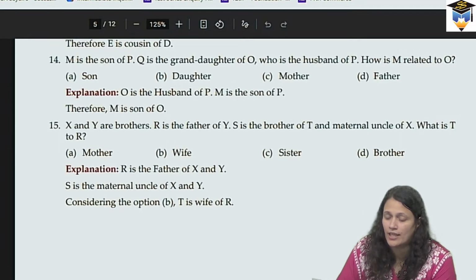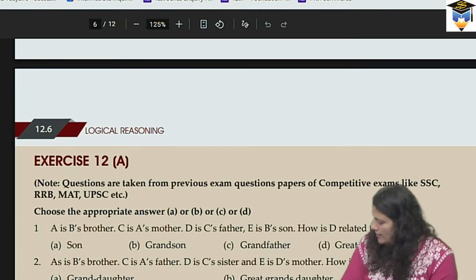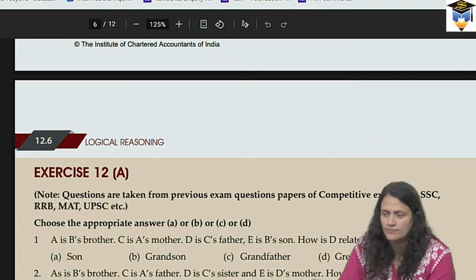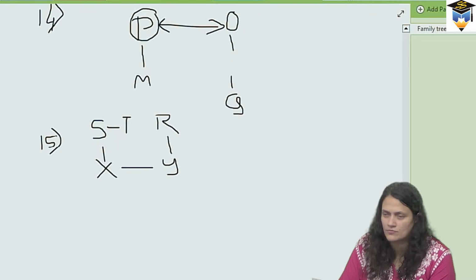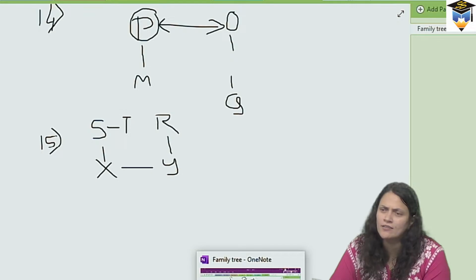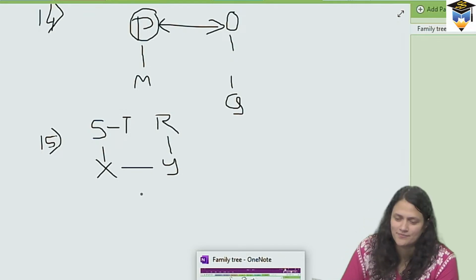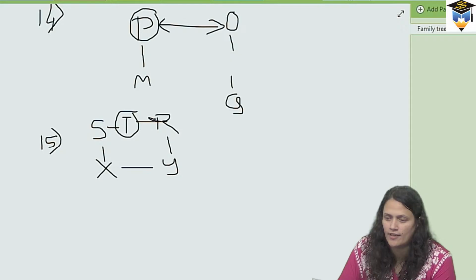Yes, T is the wife of R. So here again, is it mentioned? T is the wife of R. That means these two are related as spouses.